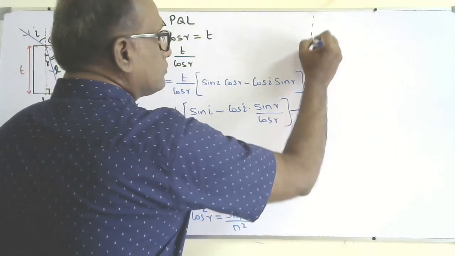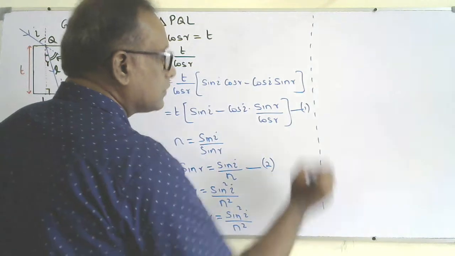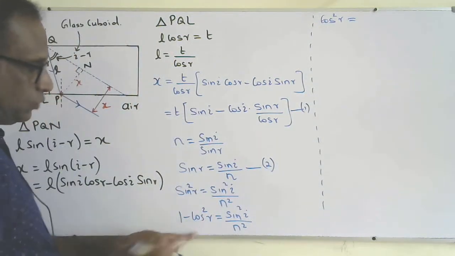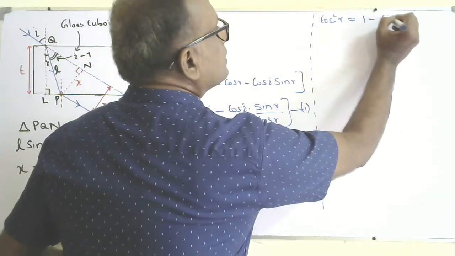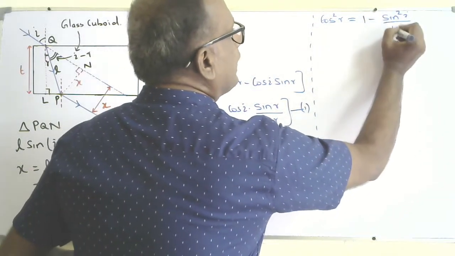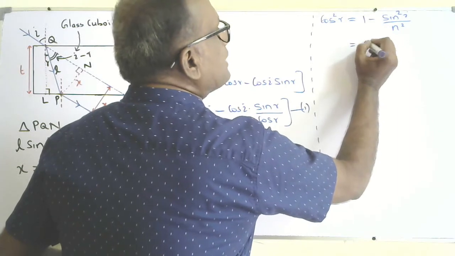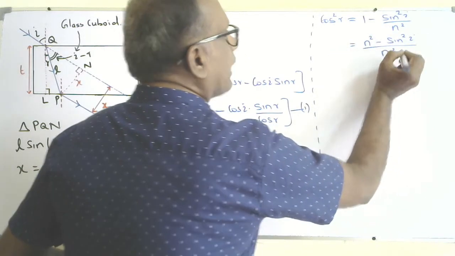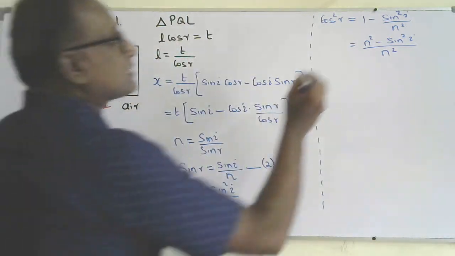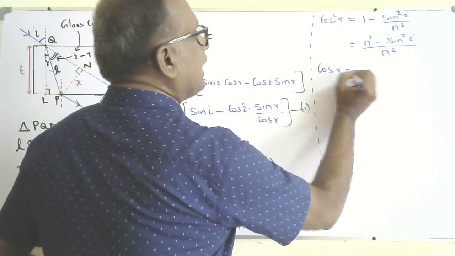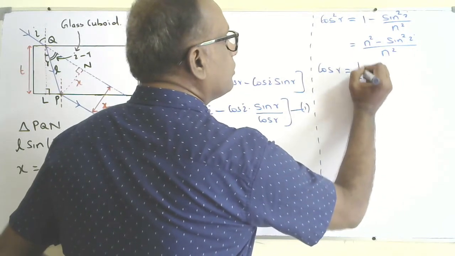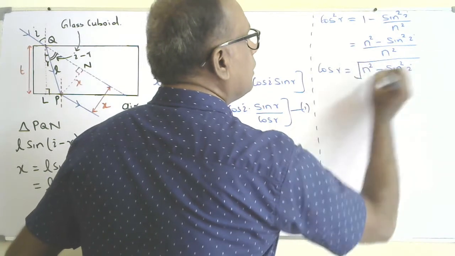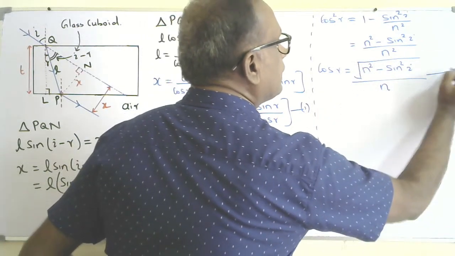Make cos squared r the subject: 1 minus sin squared i over n squared, that I can write n squared minus sin squared i over n squared. Take square root on both sides. cos r equal square root of n squared minus sin squared i over n. Let it be the third equation.